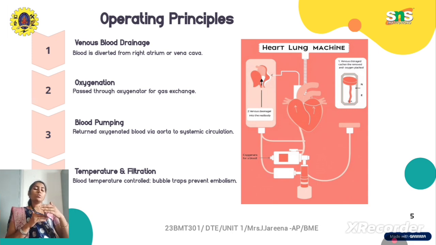Through this heat conduction mechanism, the temperature of the blood gets adjusted according to what we need, and once we achieve the targeted temperature, we send it back to the body.